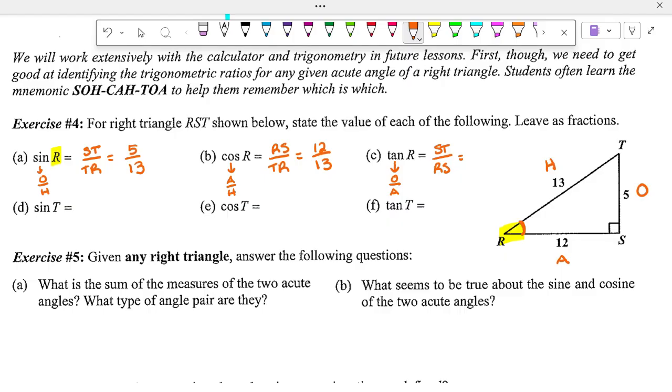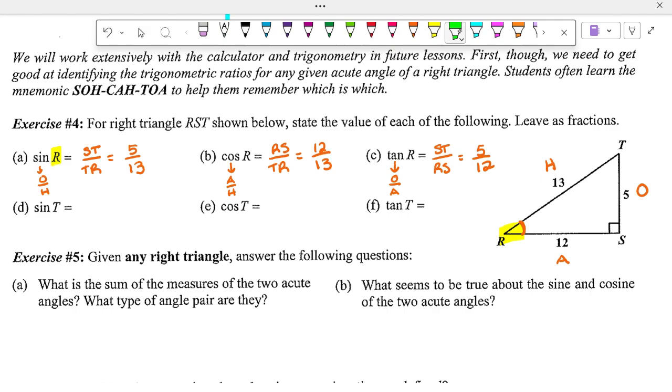So that'll be what? 5 over 12. All right, and that's all you're doing for these. You're just writing out the ratios, and we're going to leave these as fractions. Tomorrow you'll see where these come into play with actually finding the missing sides, but for right now, I want to make sure you have a solid understanding of how to get those ratios.